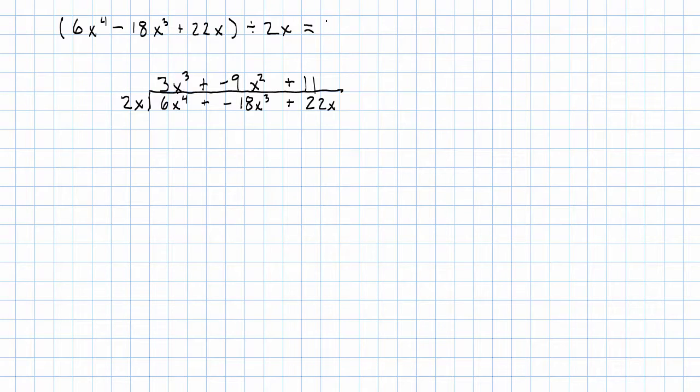So I get 3x to the third minus 9x squared plus 11. This time I didn't have a fraction part. This time my monomial went in evenly. How did I know that that happened? Because at the end of the problem, I had no negative exponents.